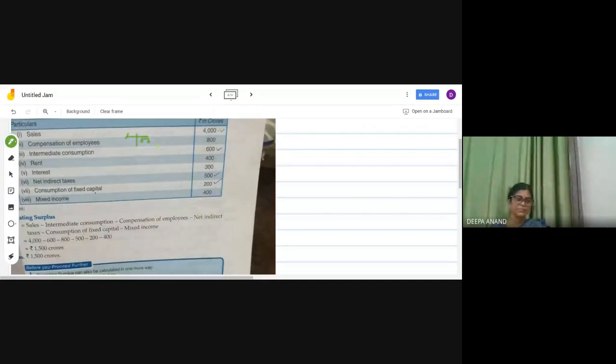What is the answer? 4,000 minus intermediate consumption 600, minus compensation to employees 800, minus net indirect tax 500, minus consumption of fixed capital 200, minus mixed income 400.